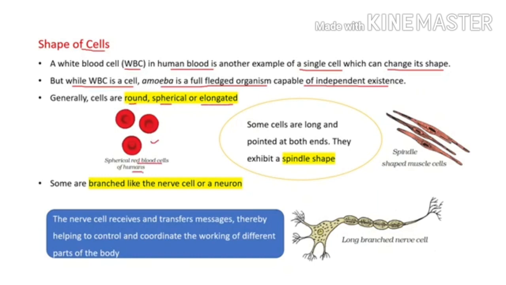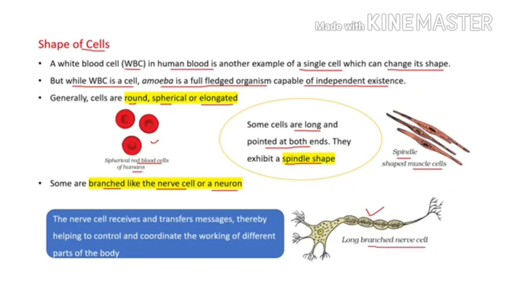And some cells are long and pointed at both the ends, and they exhibit a spindle shape like human muscle cells. They are spindle shaped. See in the diagram here. Some cells are branched like nerve cell, which we call neuron also.